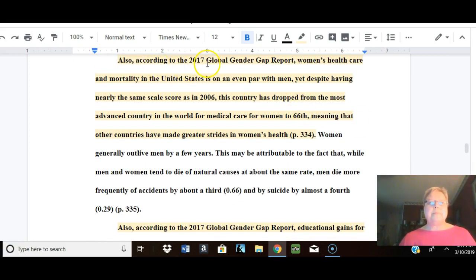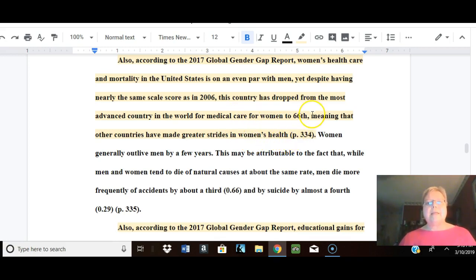Also, according to the 2017 GGGR, women's health care and mortality in the United States is on an even par with men, yet, despite having nearly the same score as in 2006, the country has dropped from the most advanced country in the world for medical care for women to 66, meaning that other countries have made greater strides in women's health.